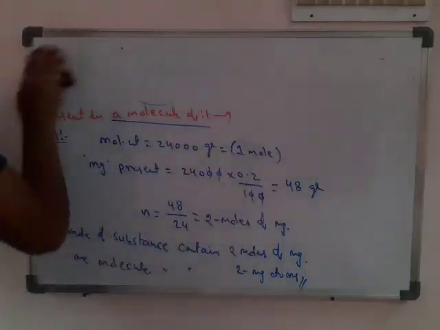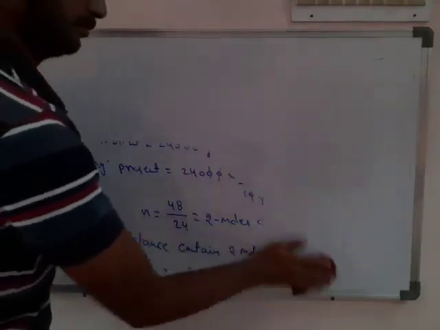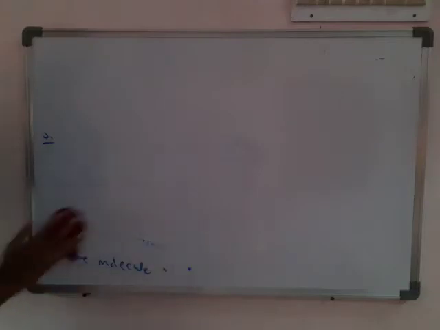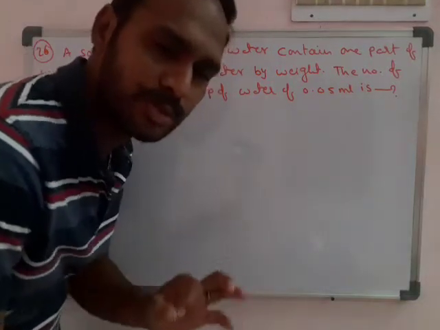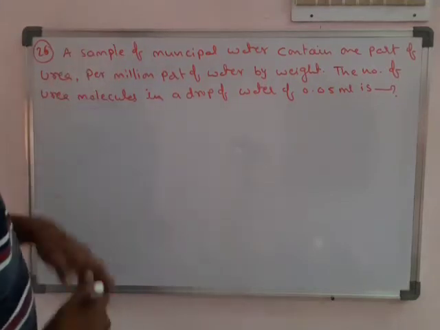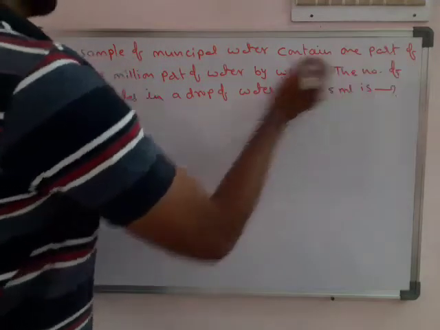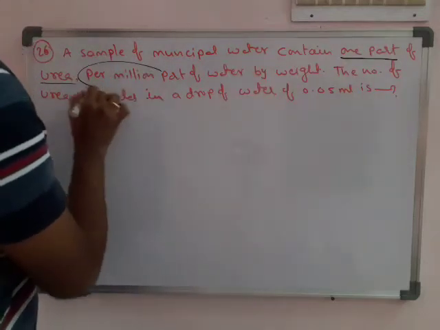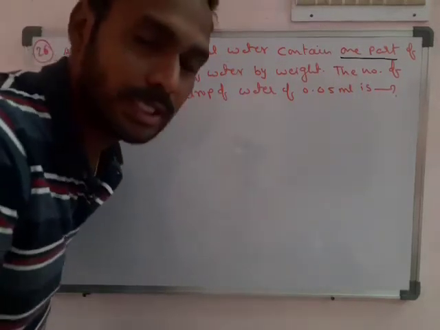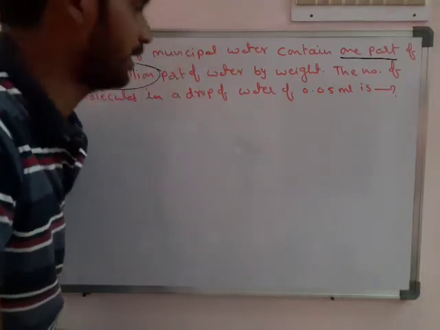See one more problem. Okay, see the next one. This type of problem is very important. A sample of municipal water contains 1 part of urea per million, given in terms of ppm, parts per million of water.